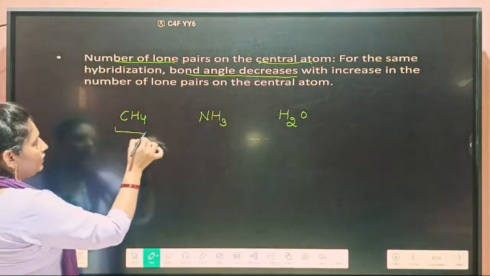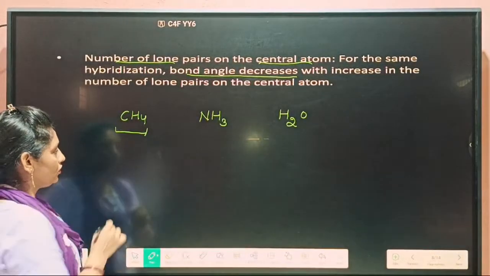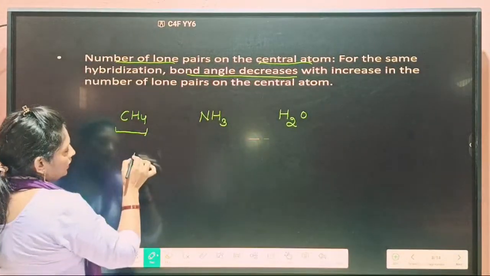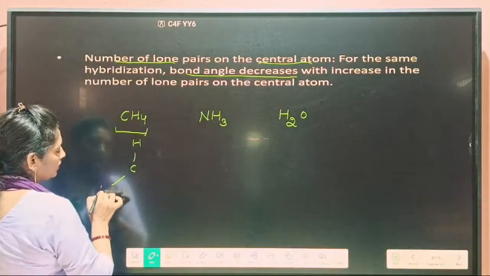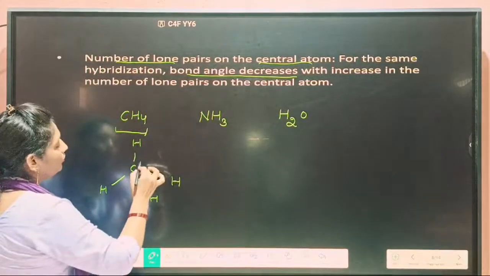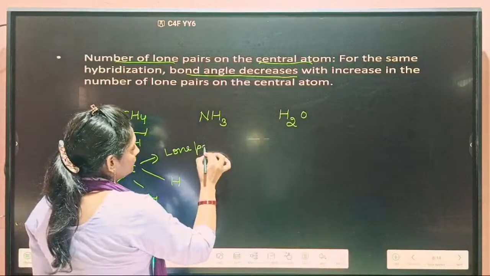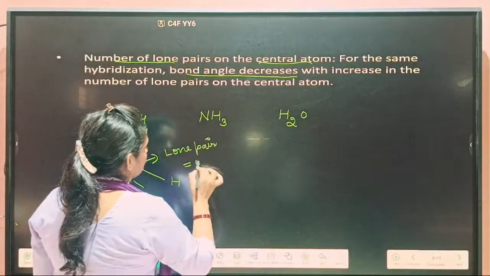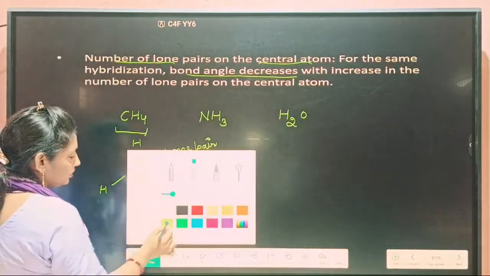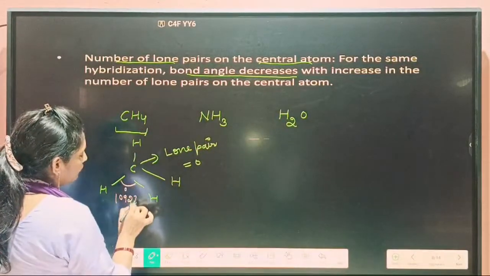Here carbon has 4 valence electrons, and no lone pair is here. Lone pairs are 0. So here the bond angle is 109 degrees 28 minutes.